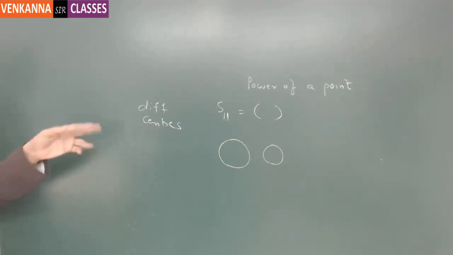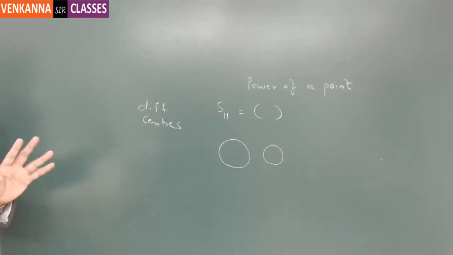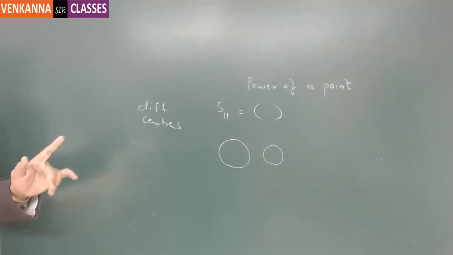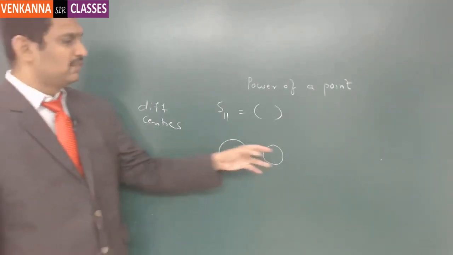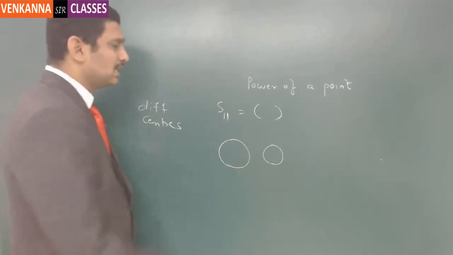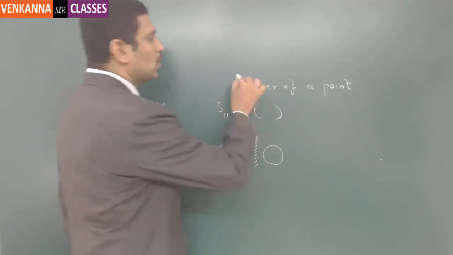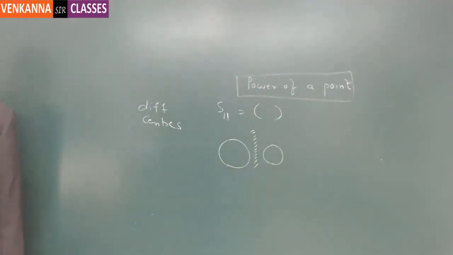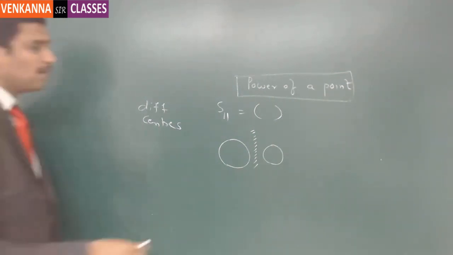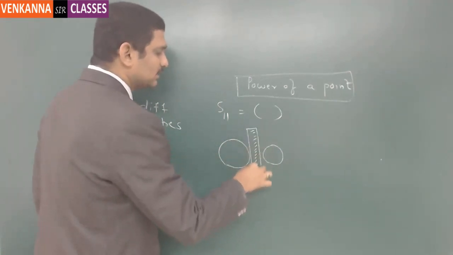So if you have taken two different spheres, radius may be equal or different, but you have taken spheres having different centers. Then between them you consider the points whose power is equal. Then the set of all points will define a plane to us.